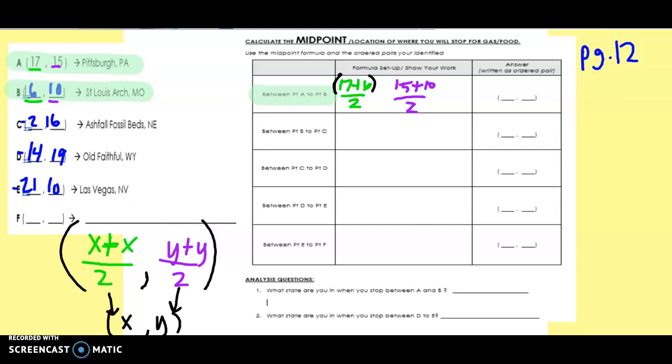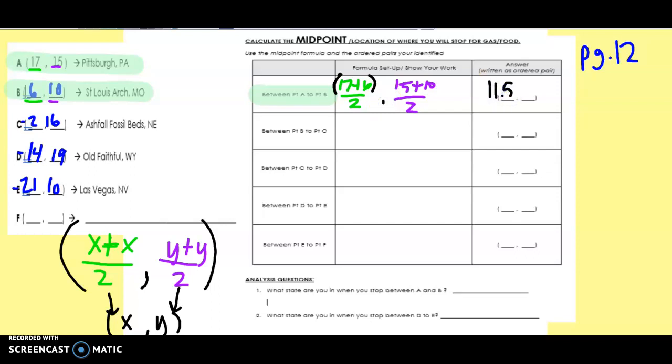So either use parentheses, or simply say 17 plus 6 equals, get an answer, and then divide by 2. Either way is completely fine. So when we add up our x's, 17 plus 6, and divide by 2, you get an answer of 11.5.